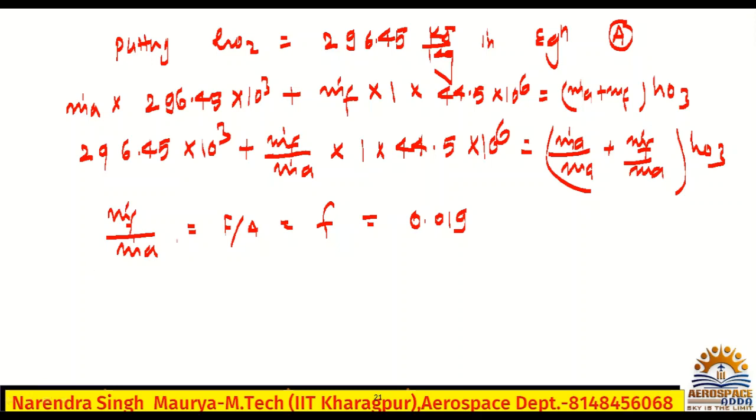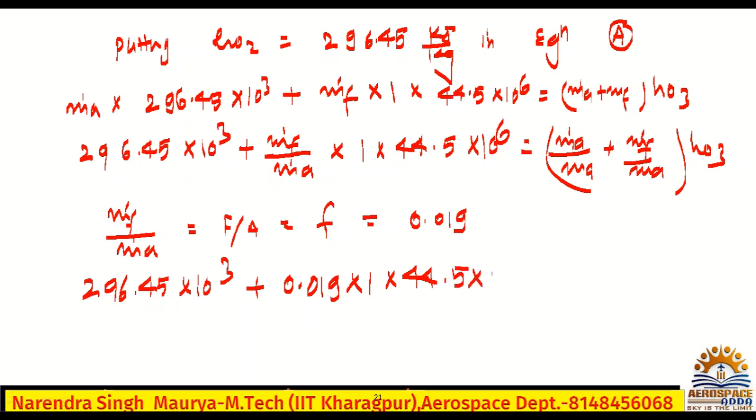So we'll write all the values and try to calculate: 296.45 10 power 3 plus 0.019 into 44.5 10 to the power 6 over 1 plus 0.019 is H naught 3. So let me calculate this value.